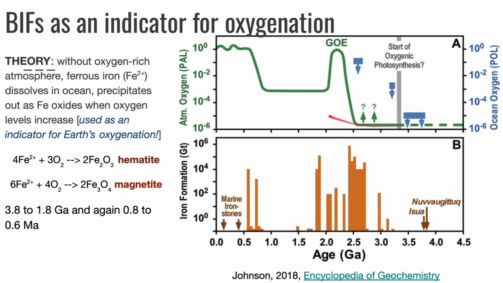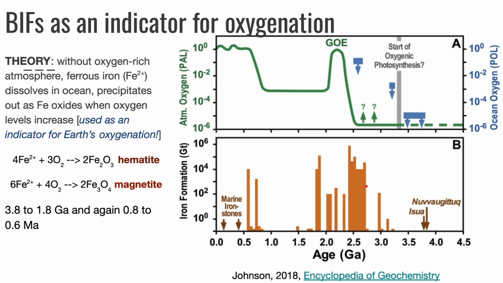Whereas for atmospheric oxygen, we maybe had some small whiffs or pulses of oxygen between 3 and 2.5 billion years ago, but then there seems to be a relatively sudden rise in oxygen, and this is called the GOE, or the Great Oxygenation Episode.